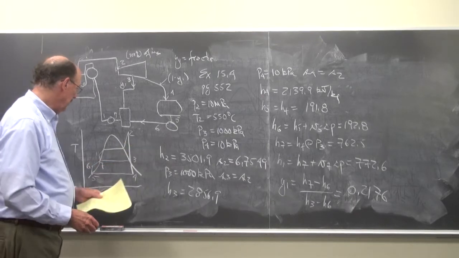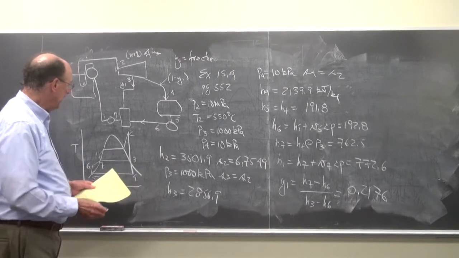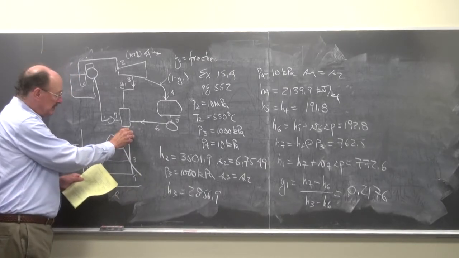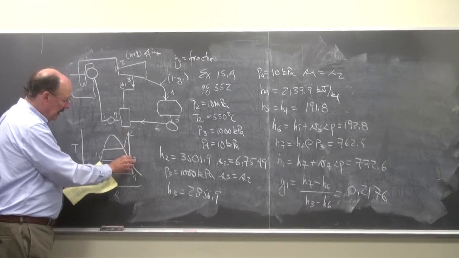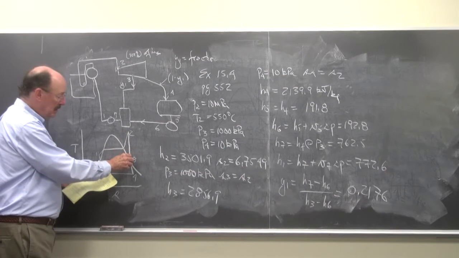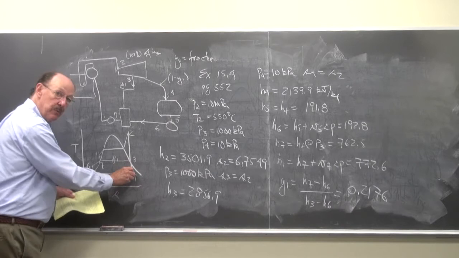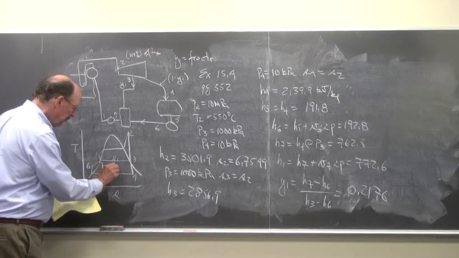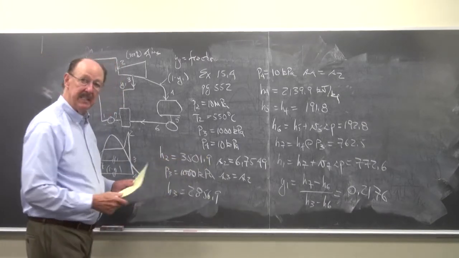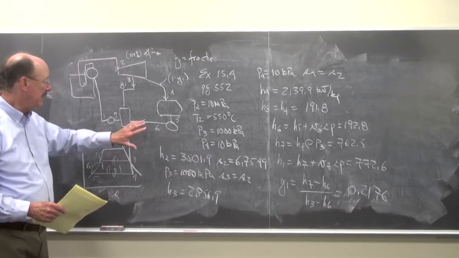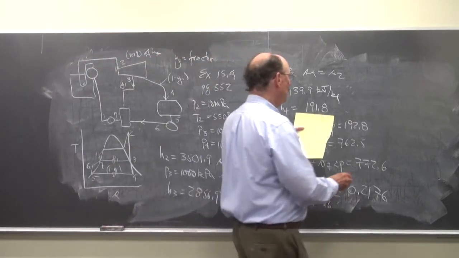And so when I look at the TS diagram, part of what I'd like you to be able to do is see that the turbine work is the isentropic enthalpy drop here. And so it's H2 minus H3. I lose Y1. The remainder, 1 minus Y1, expands between here. So we draw this, we find the enthalpies, then I can just look and see what the turbine work is.